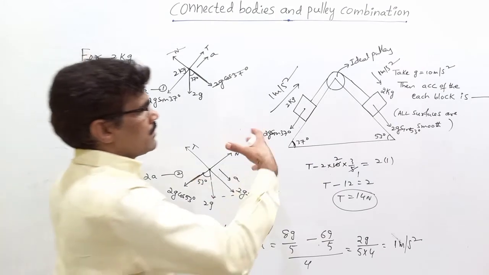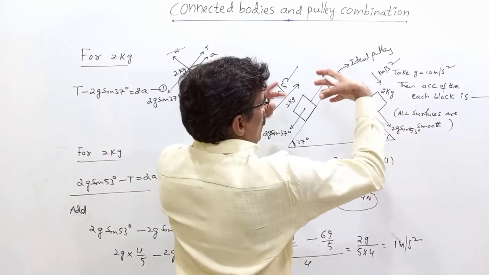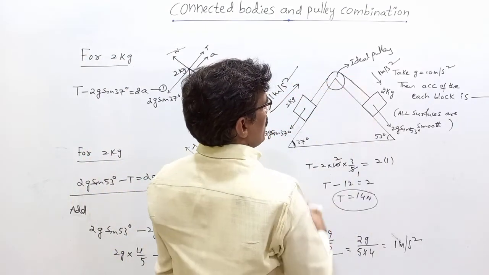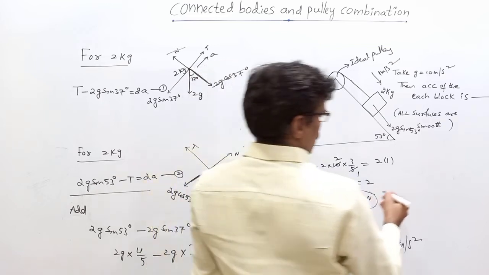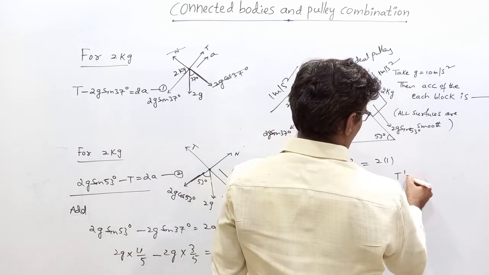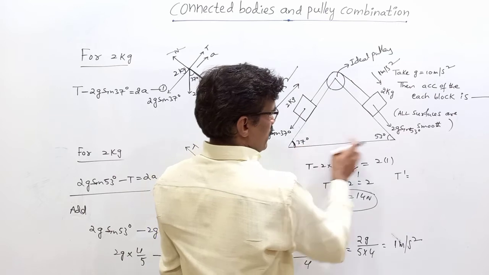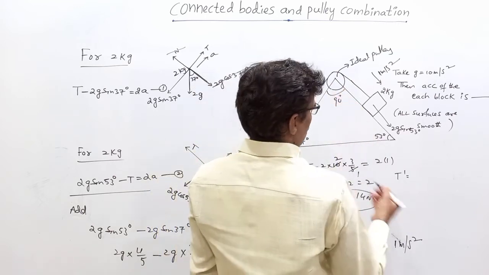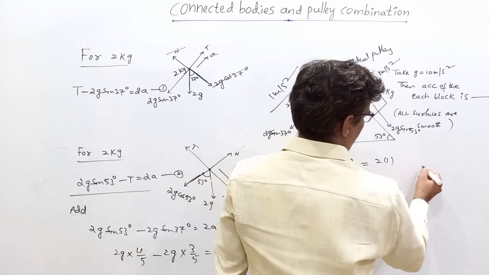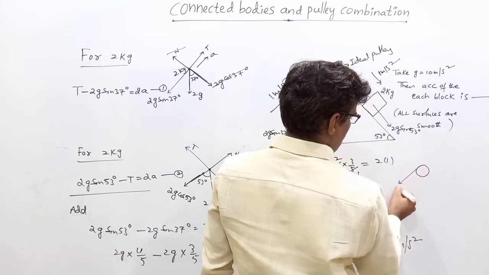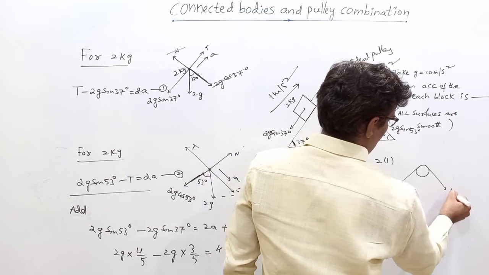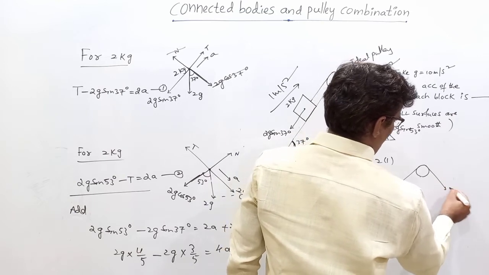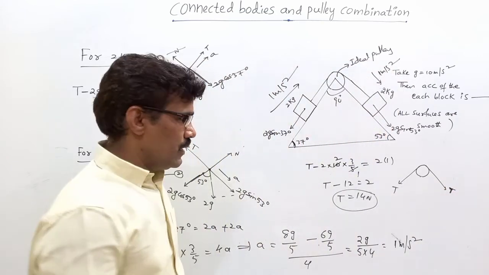What is the thrust on the pulley? What amount of force is acting on the pulley? So thrust on the pulley, T dash, is equal to... this is 37, 53, so the remaining angle is 90 degrees. This side is T, this side also T, and T and T make an angle of 90 degrees.